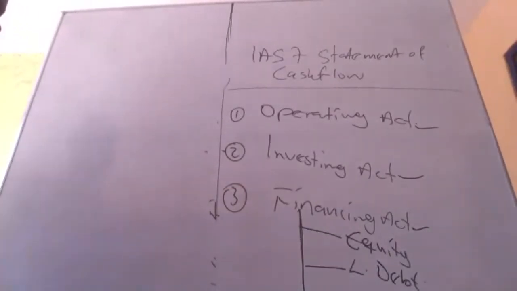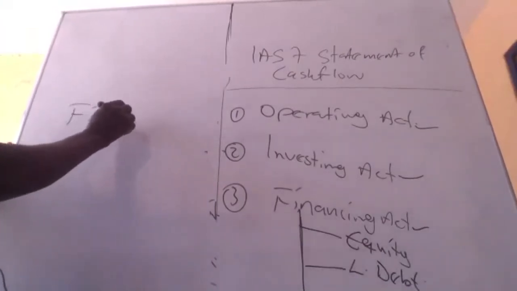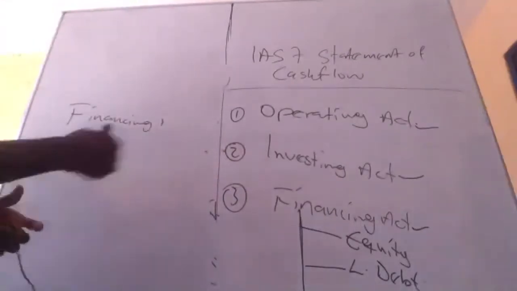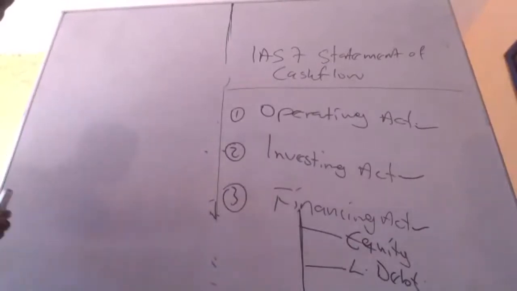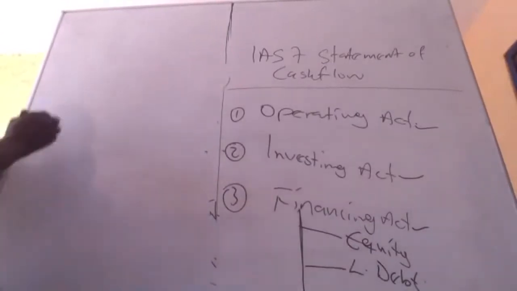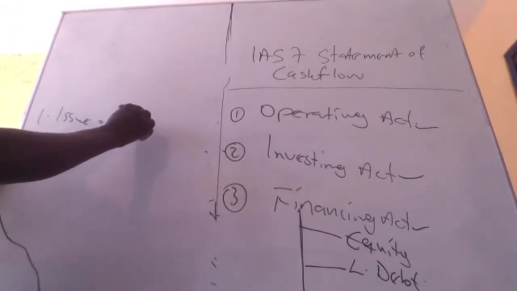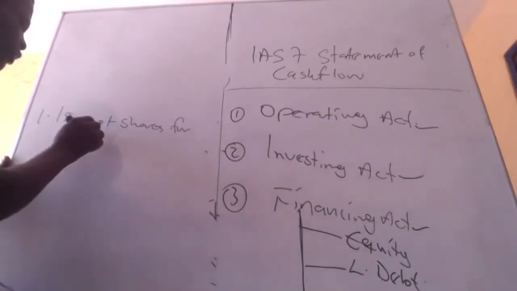So for financing activity, it's already there. Let's go straight to the examples. So one, we have issue of shares for cash. Oh yes, I have to say for cash. Why?